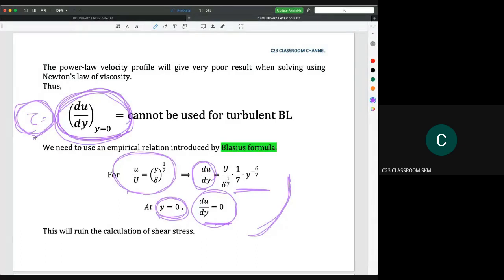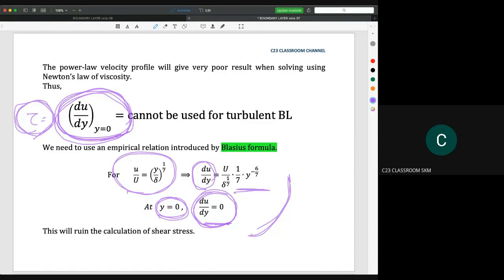We know that the boundary layer is formed because of the existence of viscosity. So the shear stress helps in the formation of the boundary layer. If the shear stress is equal to 0, by right, we don't have a boundary layer. The boundary layer does not occur.